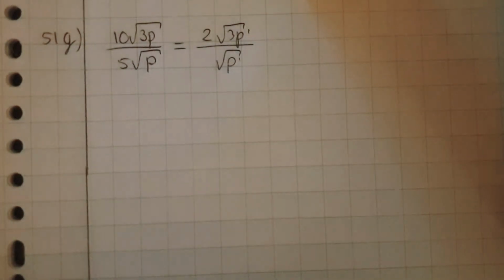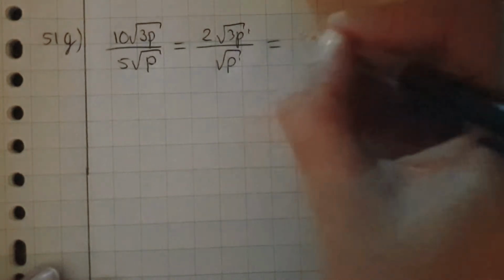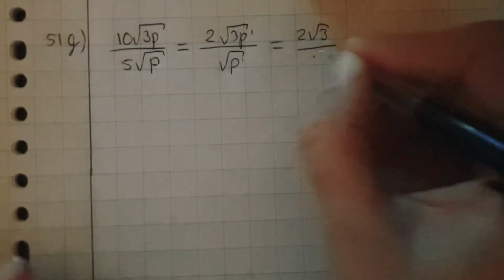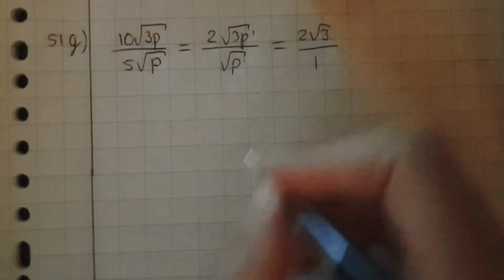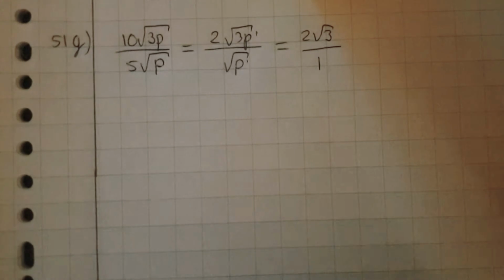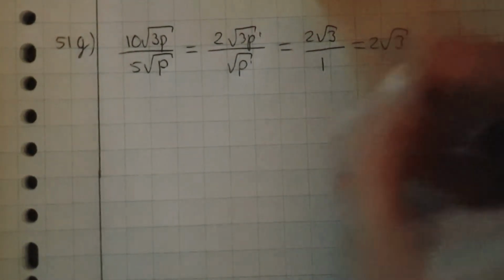Do the exponents minus each other, so 1 minus 1 is 0. There's no p anymore. So the leftover is just 3. So that's 2 square root 3 divided by, there's nothing here, but there is a 1, of course. There's always a 1. Now, divide by 1, that's just the numerator. So it's 2 square root 3.